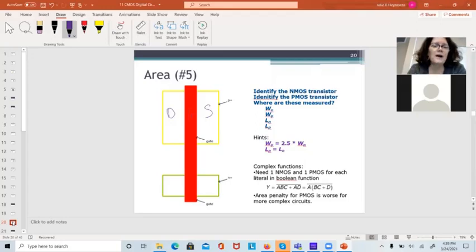But the line we drive the gate with is a multi-purpose line. It both acts as a wire connecting these two transistors together, and it's part of the transistor. Transistors are defined by poly over active.